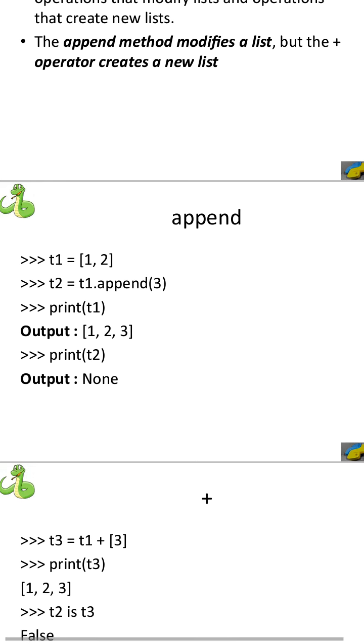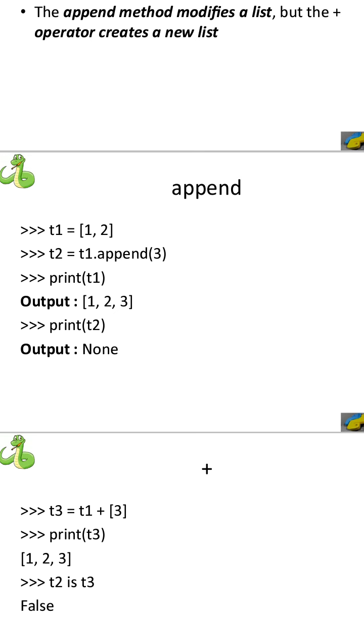Hence, 3 is appended to the original list T1. As we have studied in our earlier video, the append function will not return anything, or the return type of the append function is void. Hence, T2 will store None. That's the reason whenever I print T2 using the print statement, in the output I can see None.